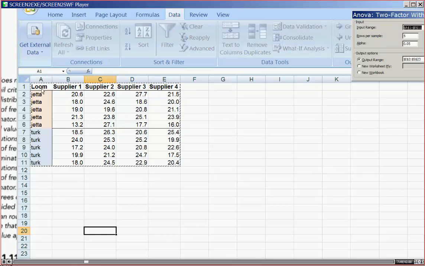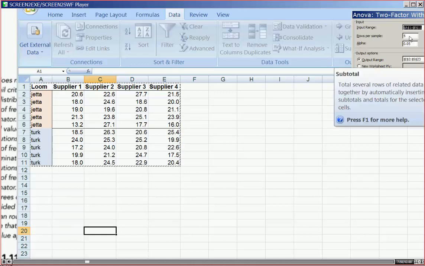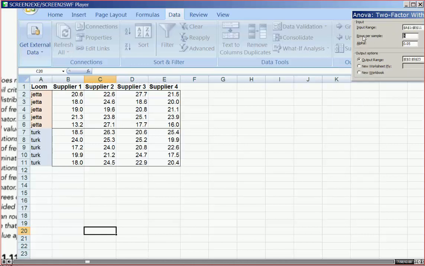Now, we're going to select the entire data set. And here's something to pay attention to. They are asking us for rows per sample. It's here where we need to enter the number of replications. 1, 2, 3, 4, 5. That's exactly where it goes.